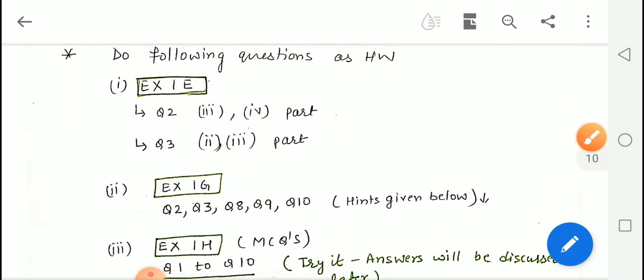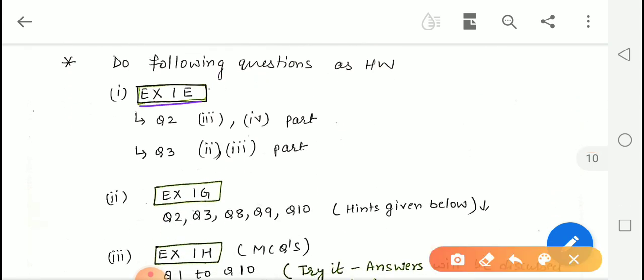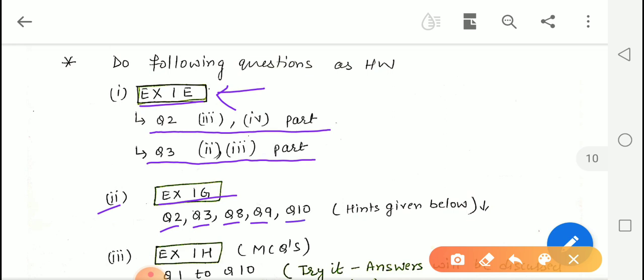Now for exercise 1E, we have to do question number 2 third and fourth part, and question number 3 second and third part. The scanned copy of exercise 1E along with the answers is already given to you. Now the second homework is exercise 1G, questions number 2, 3, 8, 9, 10.